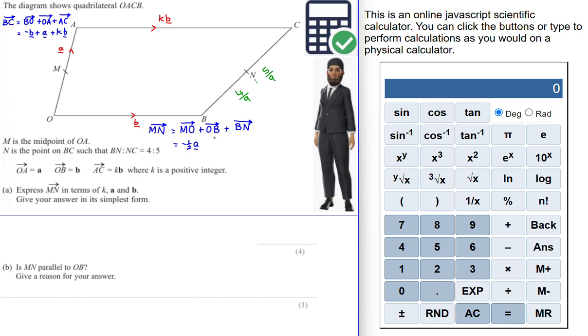Then O to B is plus b. Then B to N, which is 4/9 of BC, so plus 4/9 of BC.